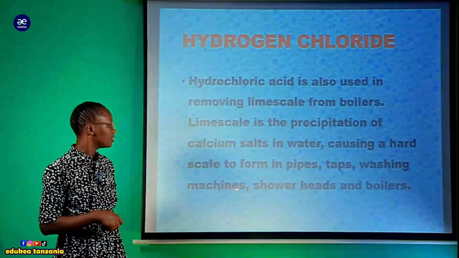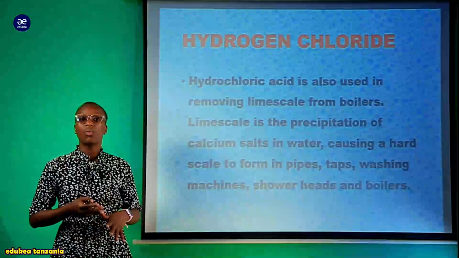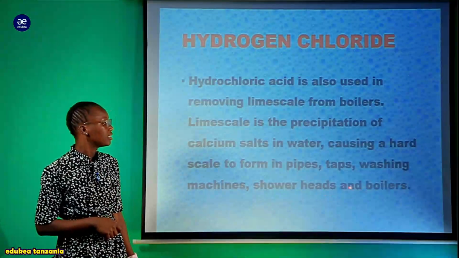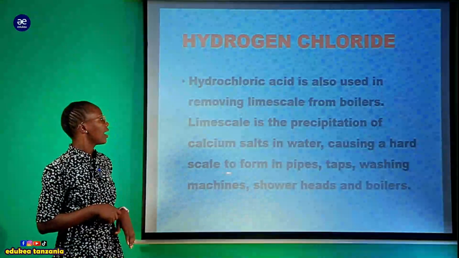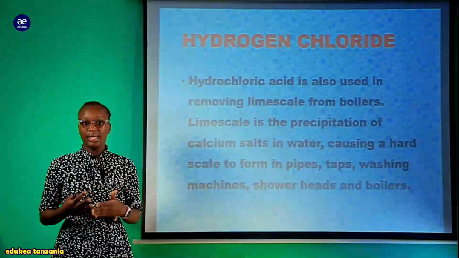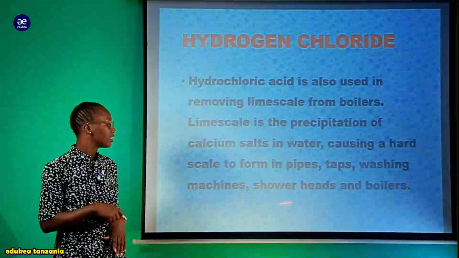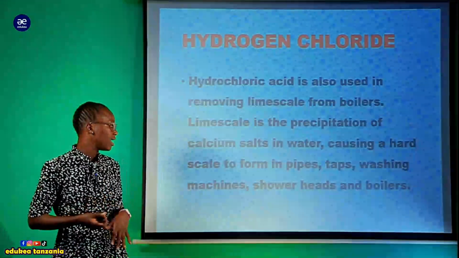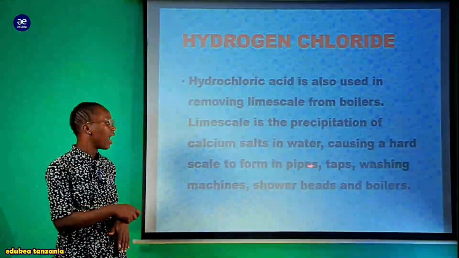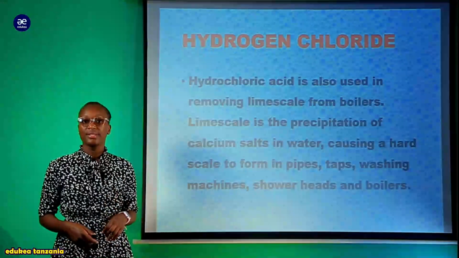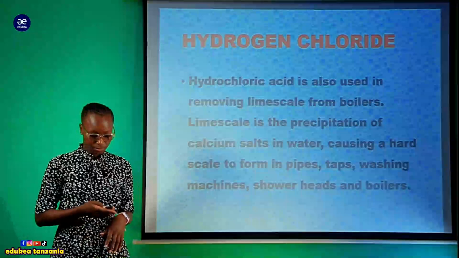Ambapo sasa washing machines pia, also shower heads and boilers, as I said kwamba kumbe hii hydrochloric acid inatumika katika cleaning purpose katika hizi context zote, katika shower heads, katika boilers, katika washing machines, hizo pipes, hizo nyingine ni tapes, zile koki, hii hydrochloric acid pia inatumika katika cleaning purpose.